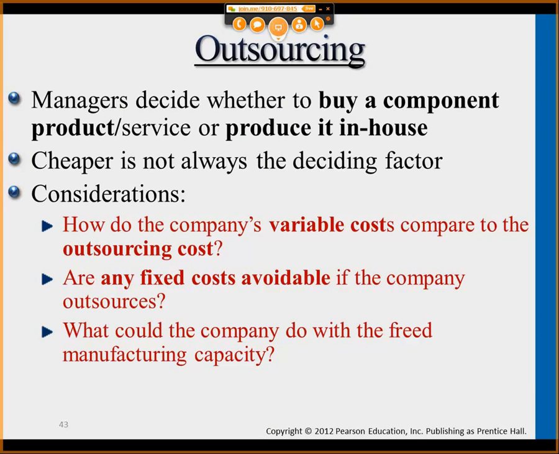So managers often make make or buy decisions, and those decisions are called outsourcing decisions. Because what managers are trying to do is to make a decision where they're going to buy a component or service, or they're going to produce it in-house.